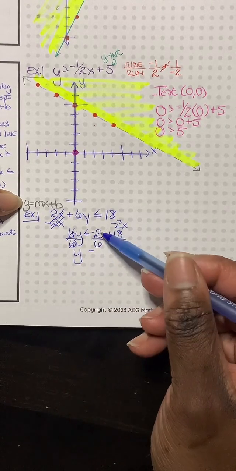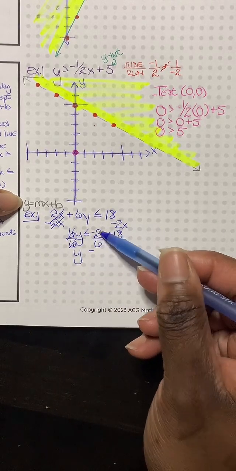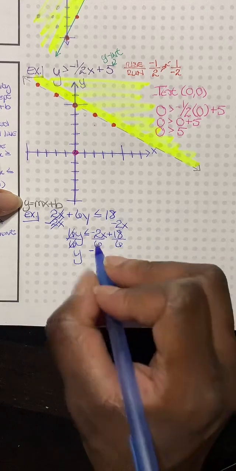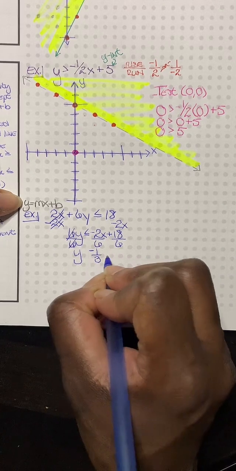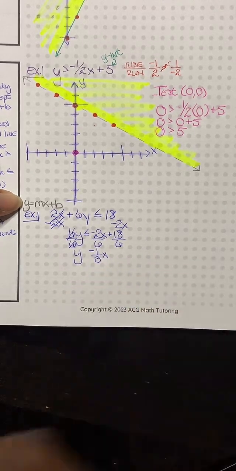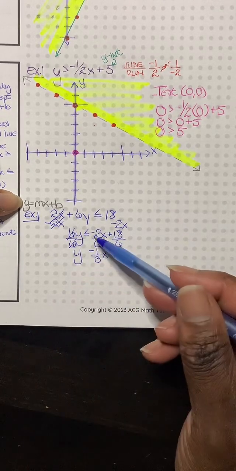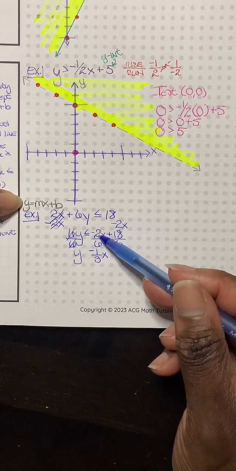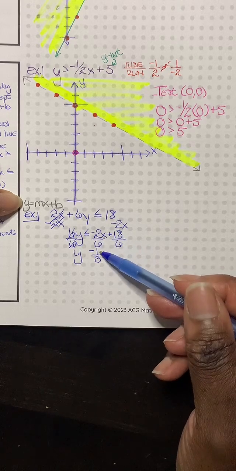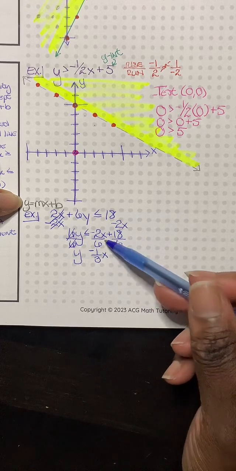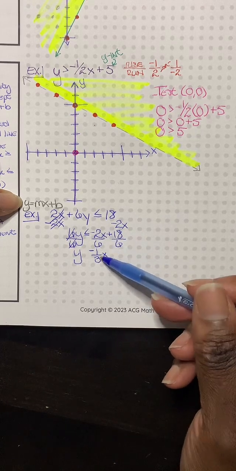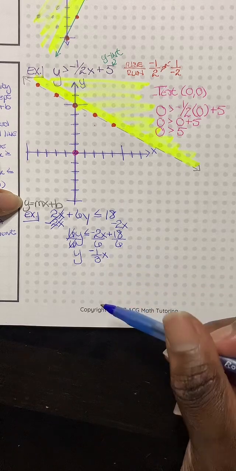But if I divide the 2 and the 6, or just basically simplify it by 2, I'm going to get -1/3 x. Because -2 divided by 2 will give me -1. 6 divided by 2 will give me 3. So that's how you reduce -2/6 to -1/3.